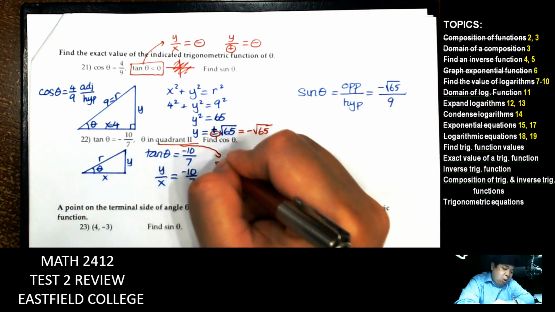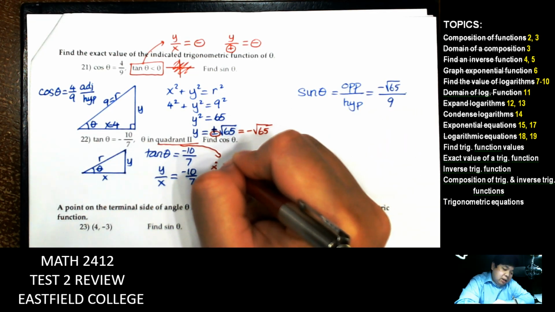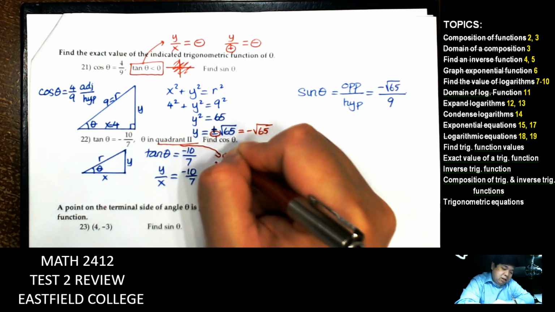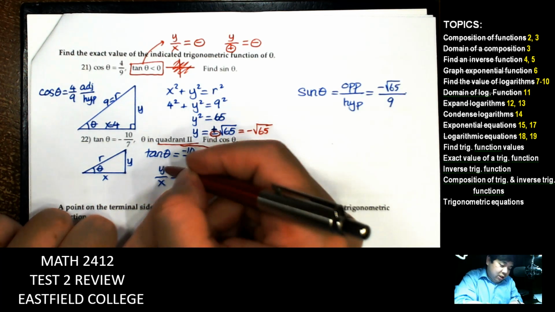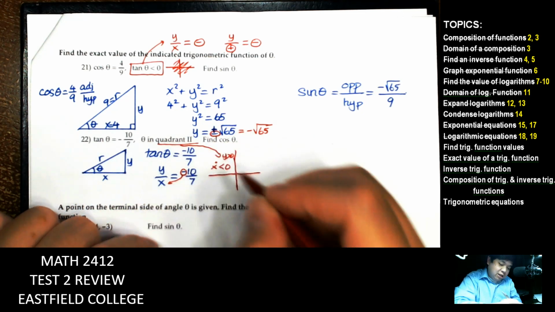If it is in this quadrant, then x is negative and y is positive. Because x is negative, we're going to take the negative and keep that with the x.